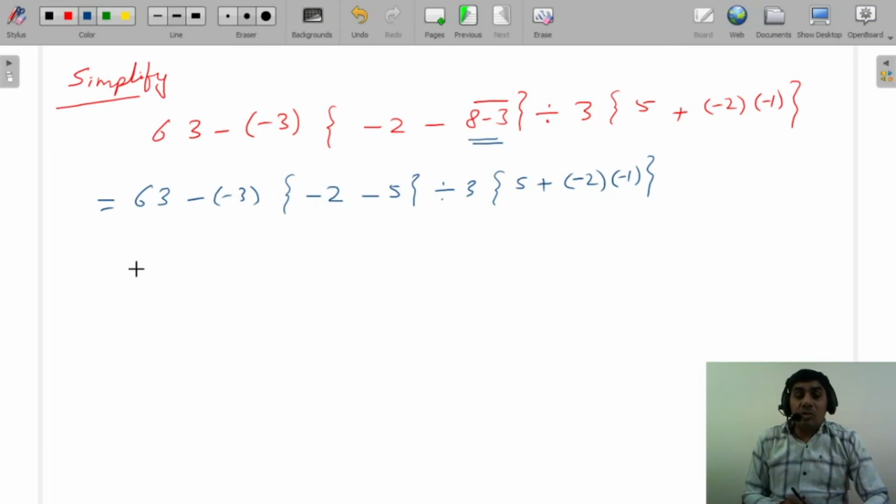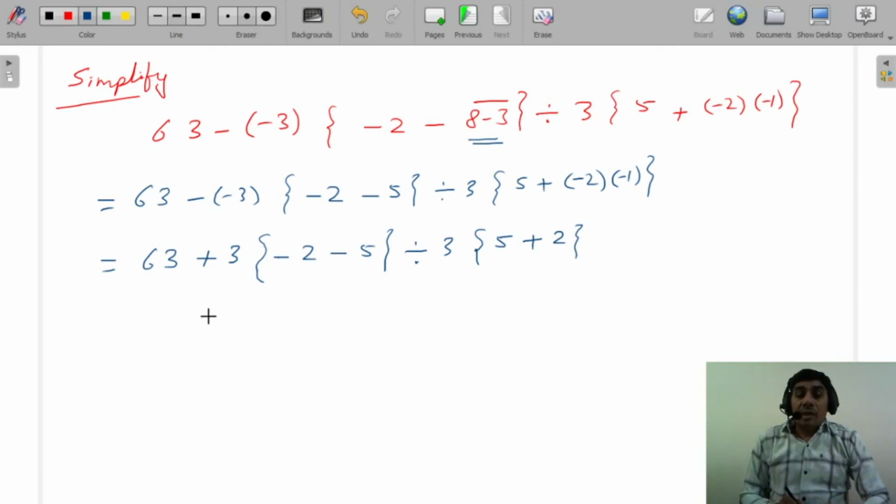So first we have to solve the small brackets. 63 minus minus 3, that means plus 3, curly bracket start, minus 2 minus 5 curly bracket closed, divide by 3 curly bracket start, 5 plus minus 2 into minus 1 is plus 2 curly bracket closed.